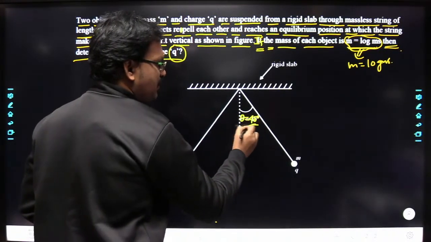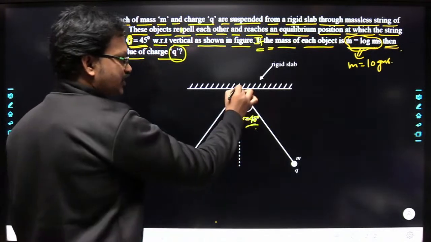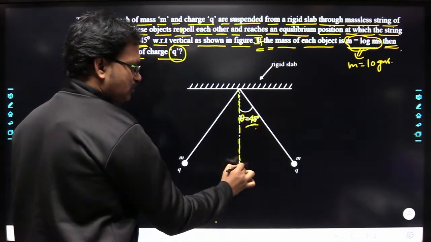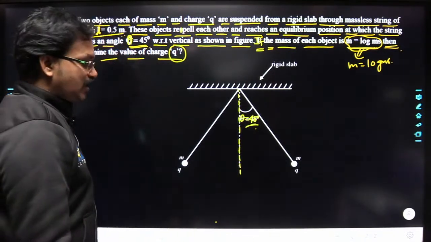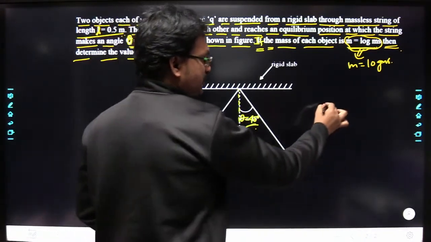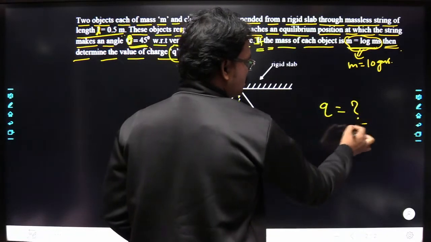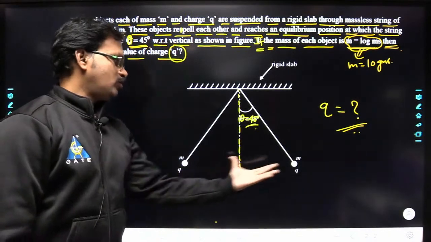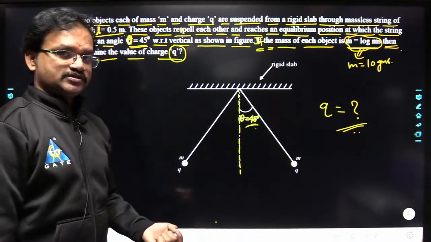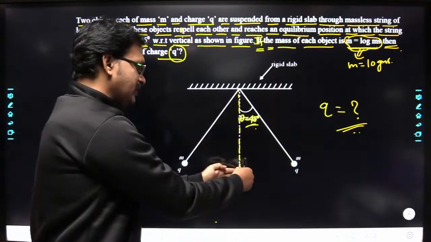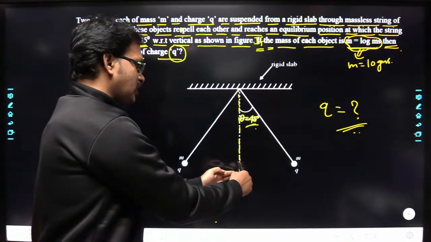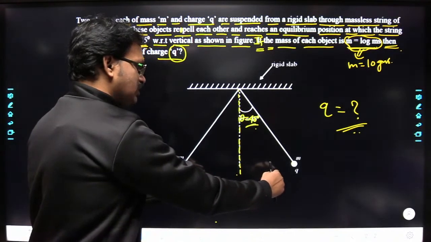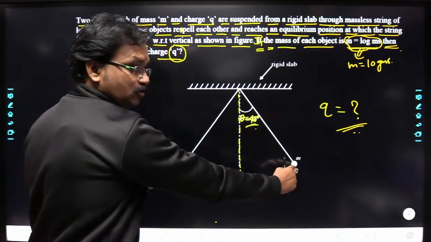This object is making an angle theta equal to 45 degrees with this vertical, and they are asking to determine the Q value. Q is the charge present on both the objects here. Since both are of the same polarity, they repel each other and move away, and they have reached this location.